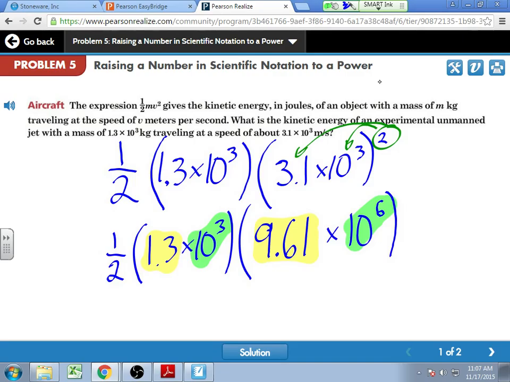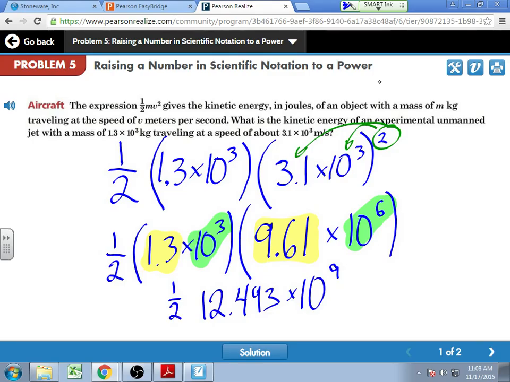So 1.3 times 9.61 is 12.493 times 10 to the 9th, right? Because those powers will add. And we still have half of this. So to half it, we don't need to mess with the 10 to the 9th.